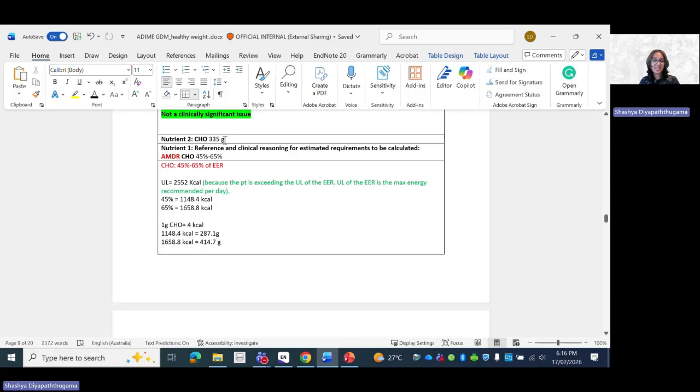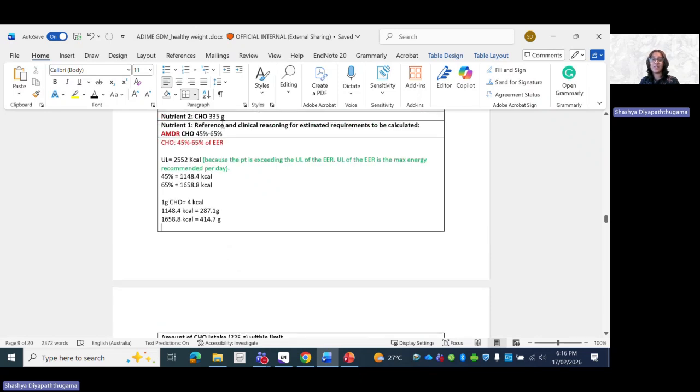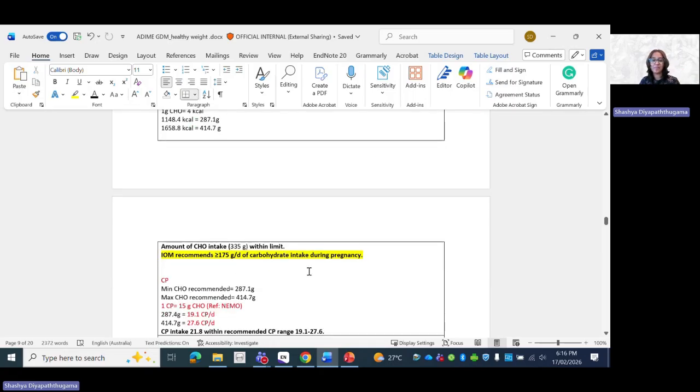And her actual intake lies in between these two levels, so that is fine as well. So her amount of carbohydrate intake, which is 335, calculated from the diet, lies in between this range, so that is fine.